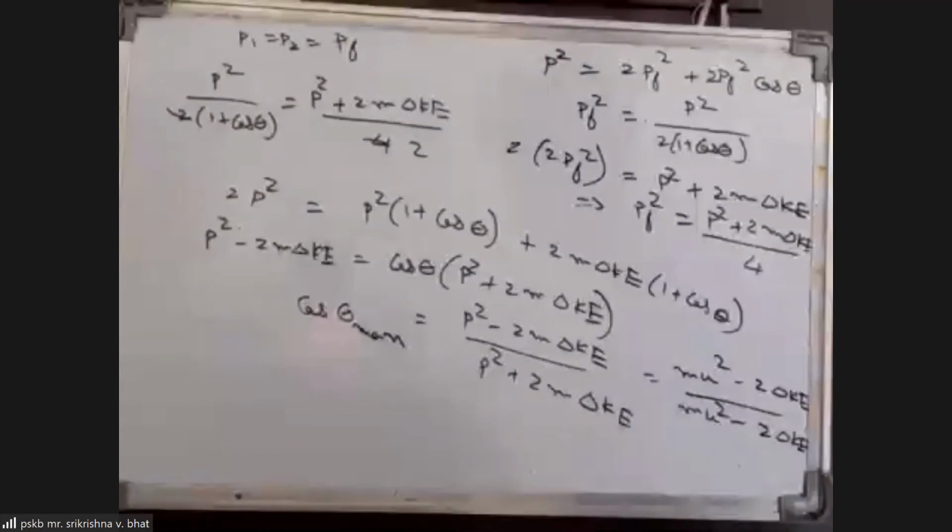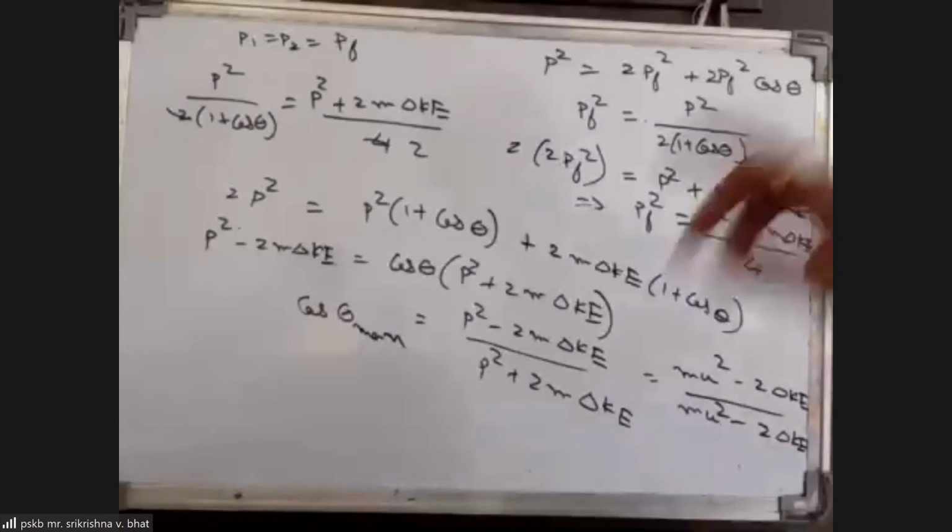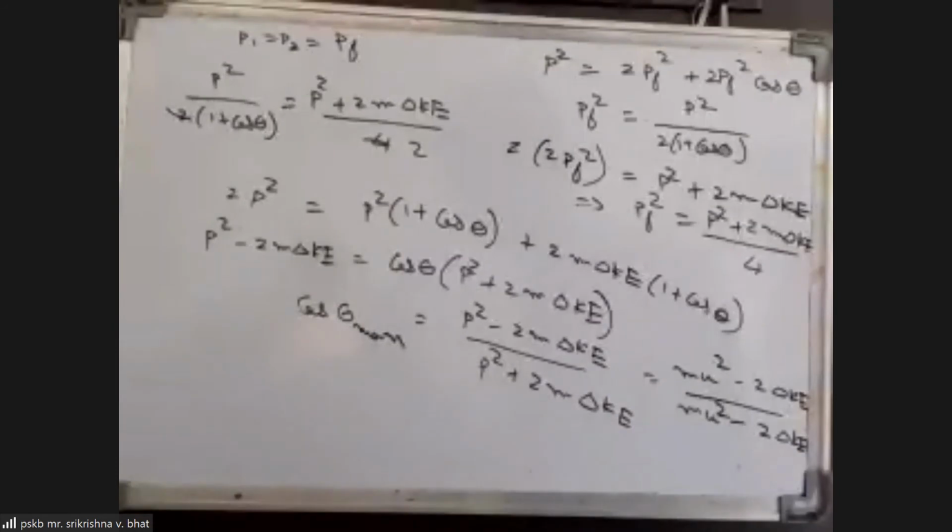These are the given quantities: we wanted to find the maximum angle theta max in terms of the given parameters, like the mass of the shell, initial velocity, and change in kinetic energy. They are the given parameters.